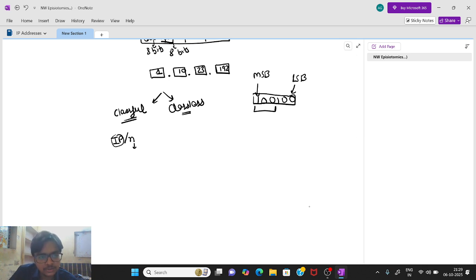So if it is written like IP slash 3, then these 3 bits will be reserved starting from the MSB, and from the remaining bits you can generate your IPs and assign them to your hosts.